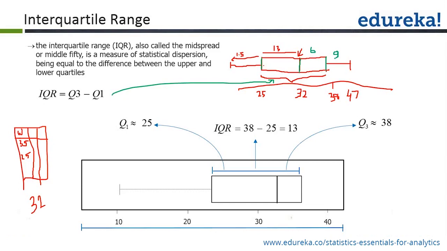But coming to our measures of variability, the takeaway here is understanding the interquartile range. So given some data, you should be able to find the interquartile range. Okay, so this is an example to quickly demonstrate the use of the interquartile range. Similar ideas here.